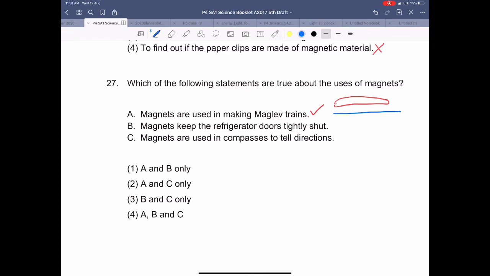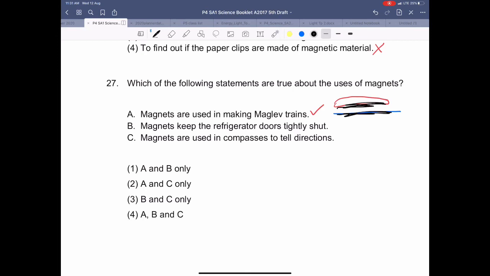What happens is that it uses very strong electromagnets, and they make the poles repel, causing the magnet at the bottom here and on the track to be opposite poles so that it floats, reducing friction.